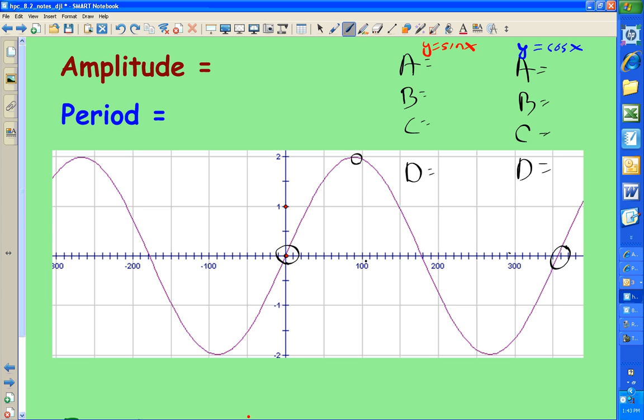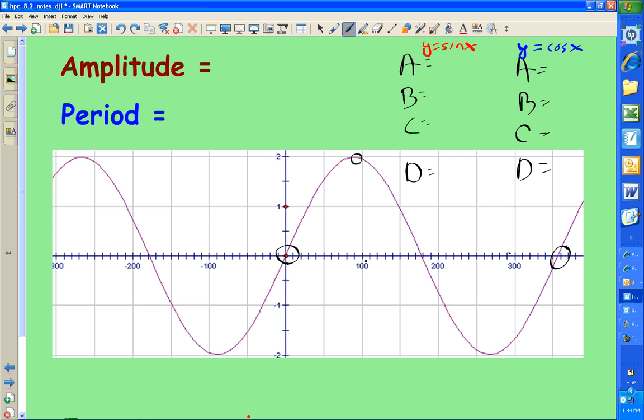A, B, and D are the same for both of them. So let's talk through A, B, and D. Amplitude and the B value is dependent upon the period. Period can be found in a whole bunch of ways. All right? You can figure out the horizontal distance from any two quadrantal points and multiply it by 4.